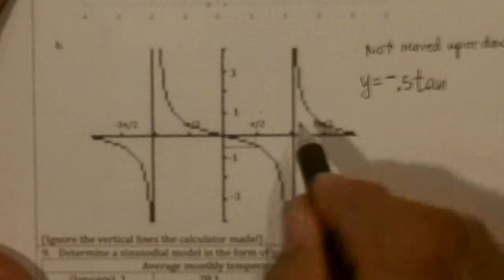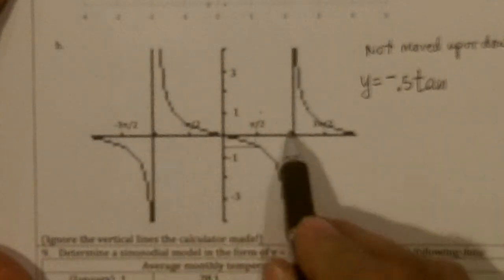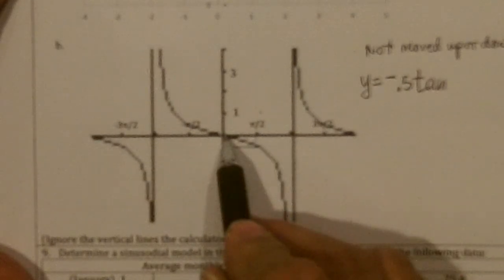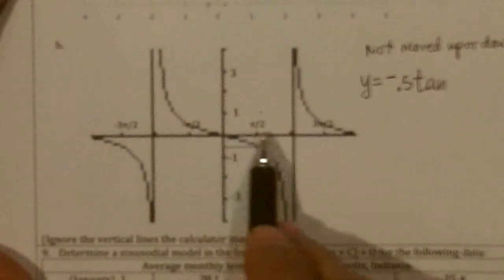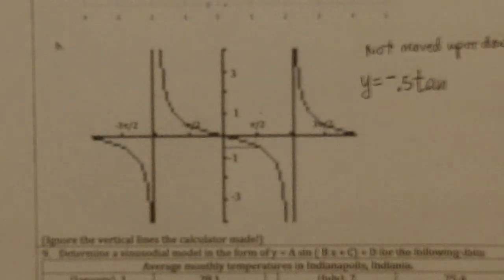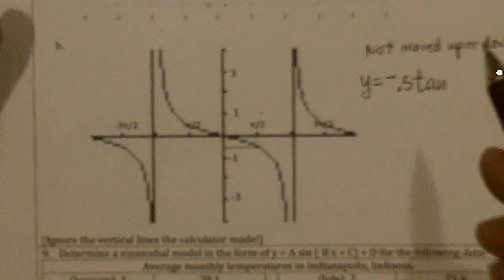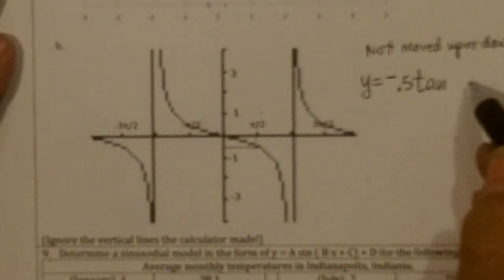And then the period. Well, the normal period, asymptote to asymptote, or from x-intercept to x-intercept for a tangent, is normally pi, but this one is pi plus pi. It's 2 pi. So it's stretched out. And so it's not 2 times x, because that would shrink it.